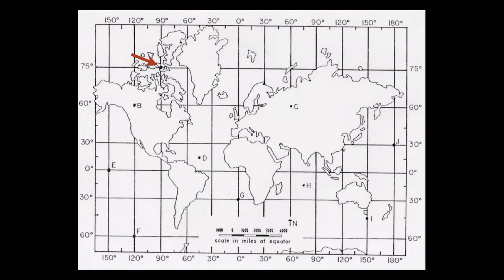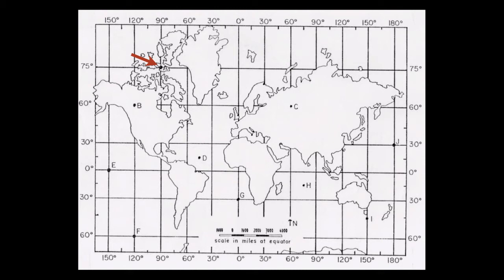Now, if you look where that red arrow is pointing, that's point A. So our coordinates for point A would be, you can see that it's on the 75-degree line, the line that's running left and right. It's on the 75-degree line, and since that line is above the equator, that's 75 degrees north.